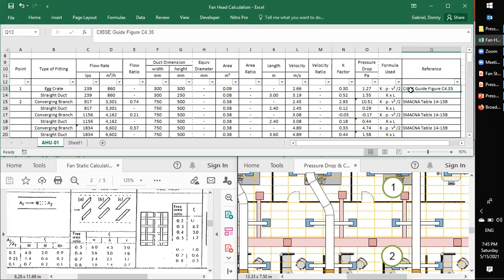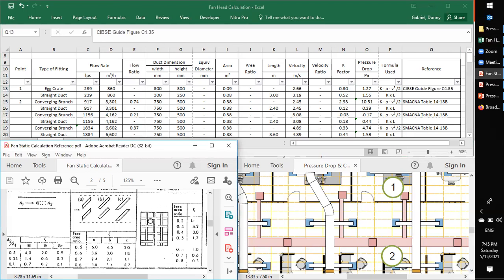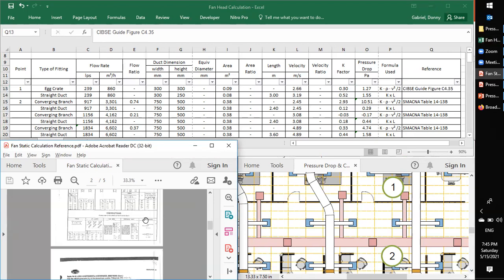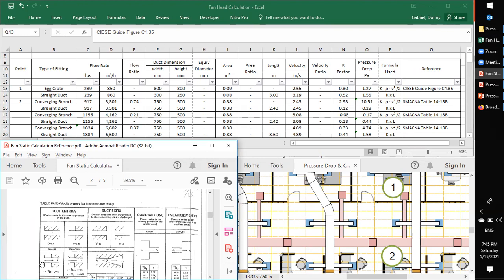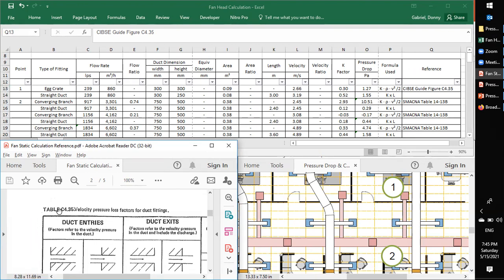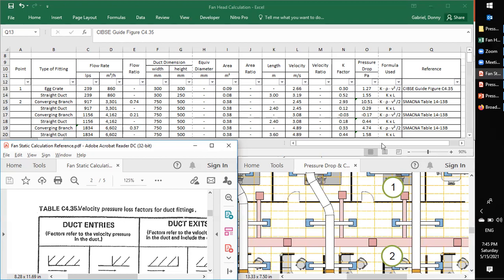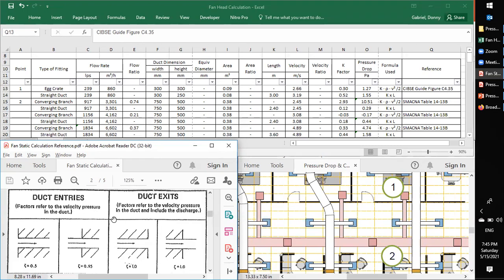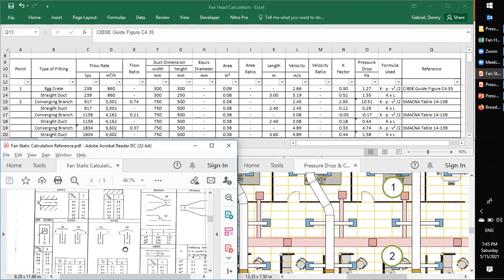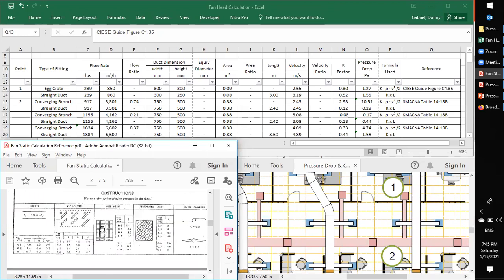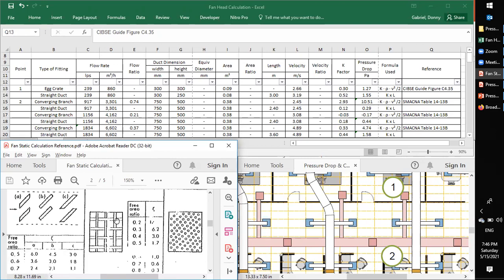Reference is CIBSE guide figure C4.35. And this is it. This is the CIBSE guide. Table C4.35, match C4.35. The return air grill or the egg crate is estimated to be here: wire mesh.